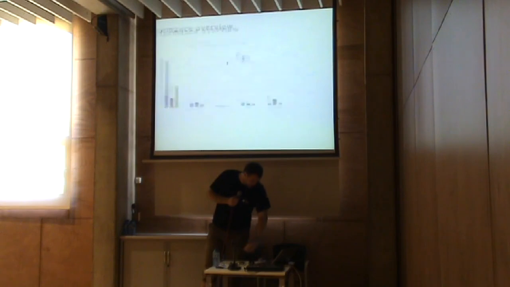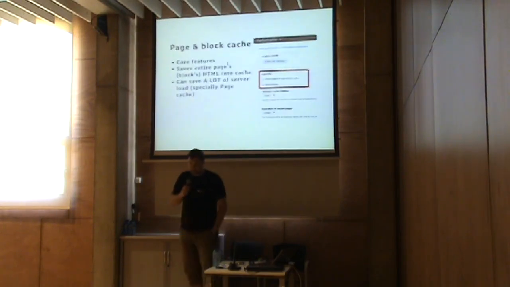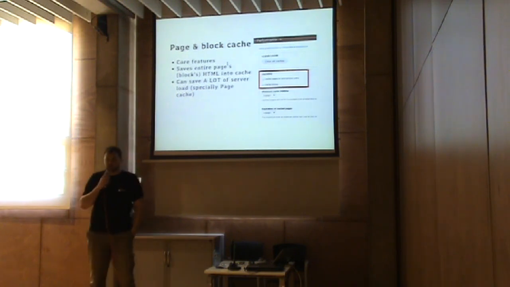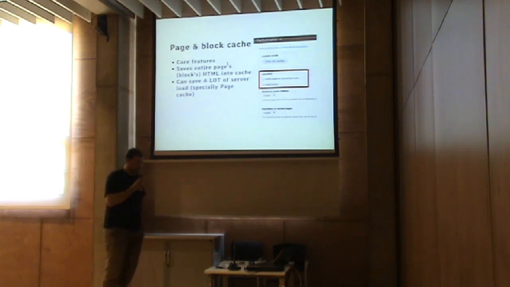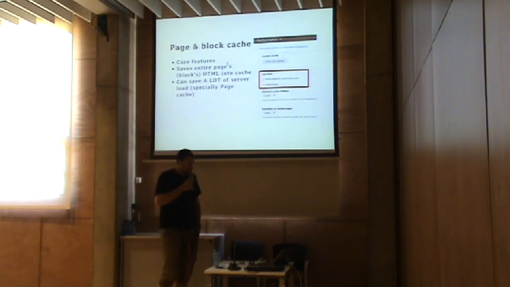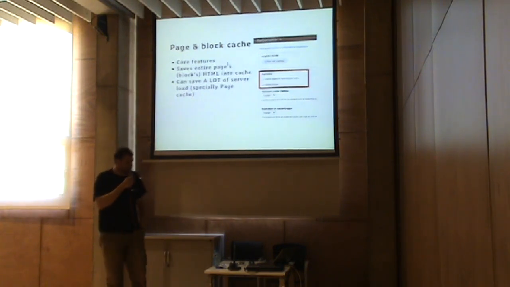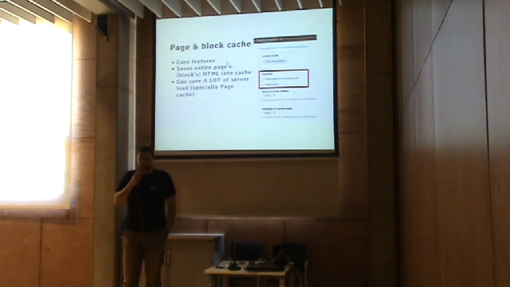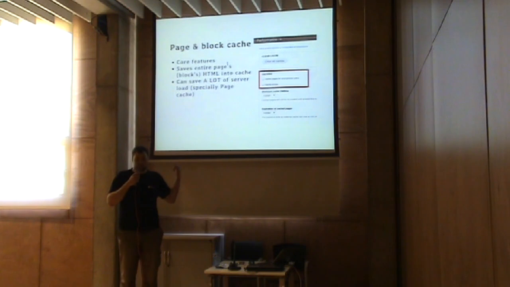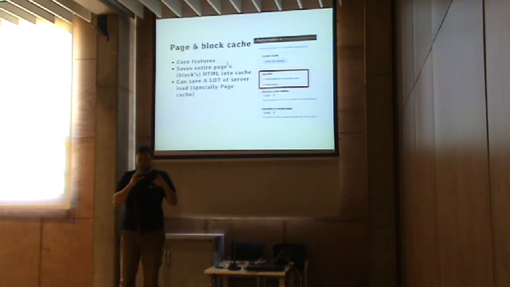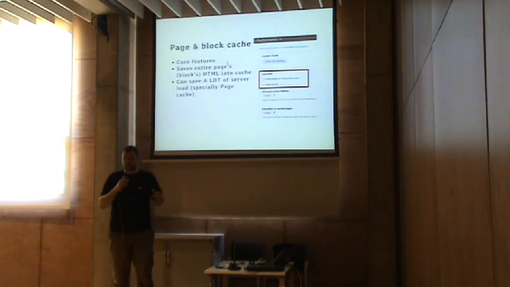Of course, if the cache would only be accessible to developers, this would limit its usability. Everybody probably knows the page cache and block cache in Drupal. What this basically does is use this framework which I described to save the output of blocks or the output of an entire page.